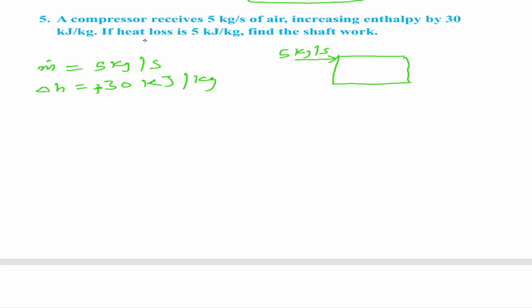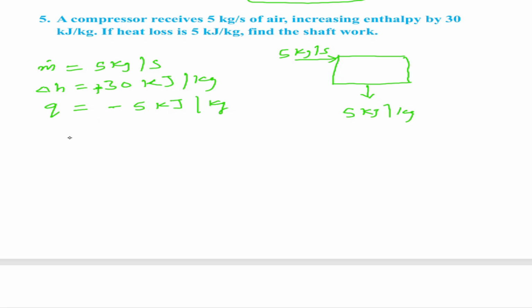And here heat loss is 5 kilojoule per kg. The system is losing heat, so Q is given as 5 kilojoule per kg. So this is negative, because this is heat loss by the system.